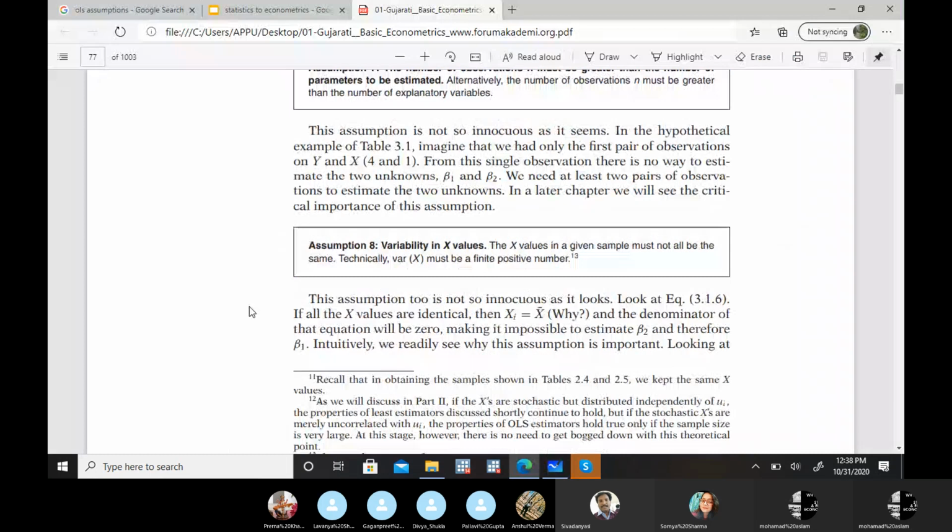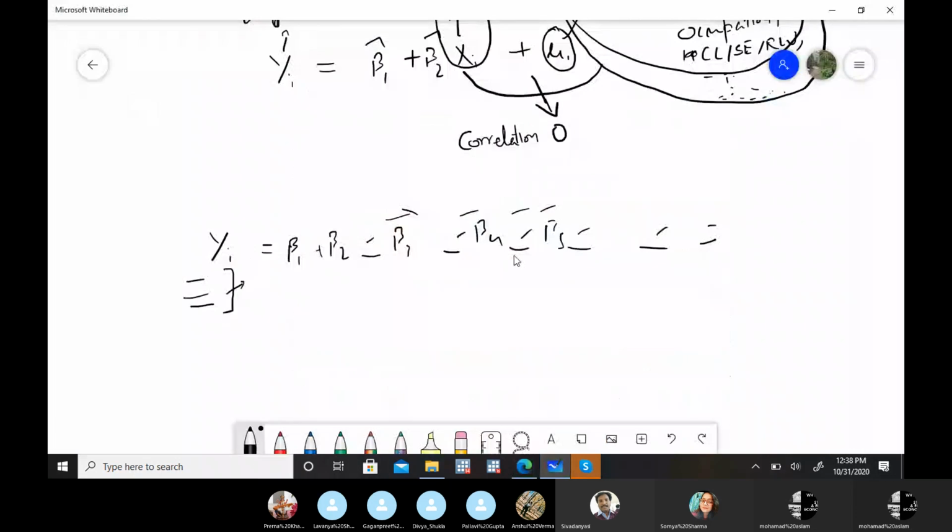Then, the x values in a given sample must not all be the same. Again, this is a mathematical requirement: the variables here are like x1, x2, x3, x4. What it means is that when you shift from one individual to another, the x values are also changing. It's not that all the values are the same, although that is not possible unless you take some category.